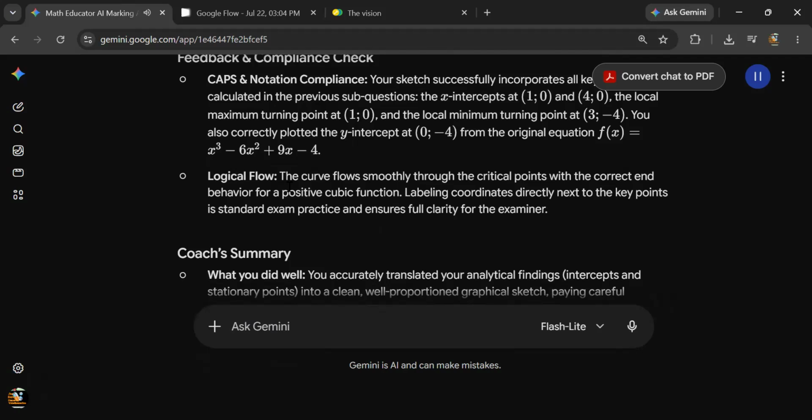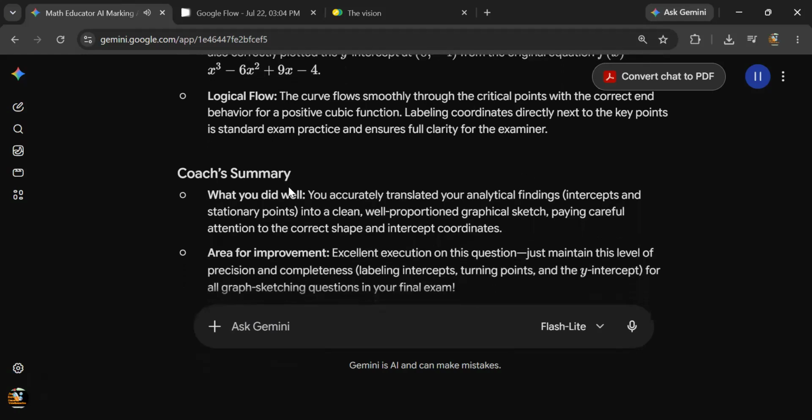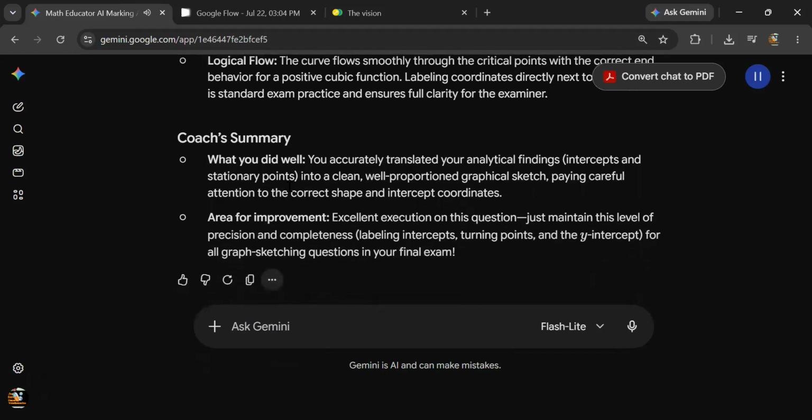You also correctly plotted the y-intercept at 0, -4, from the original equation f(x) = x cubed - 6x squared + 9x - 4. Logical flow. The curve flows smoothly through the critical points with the correct end behavior for a positive cubic function. Labeling coordinates directly next to the key points is standard exam practice and ensures full clarity for the examiner.